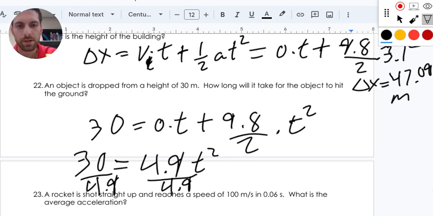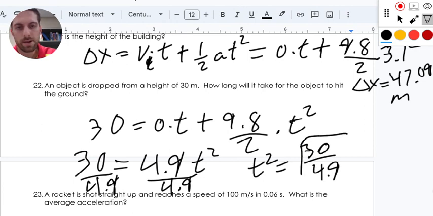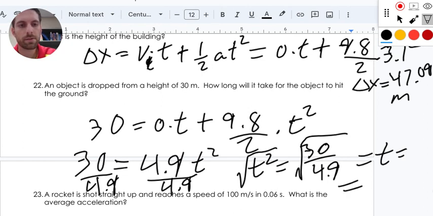We get time squared equals 30 over 4.9, whatever that is, and then square root that, because we want to get rid of t squared, we want just t. It's going to give us 2.474 seconds.